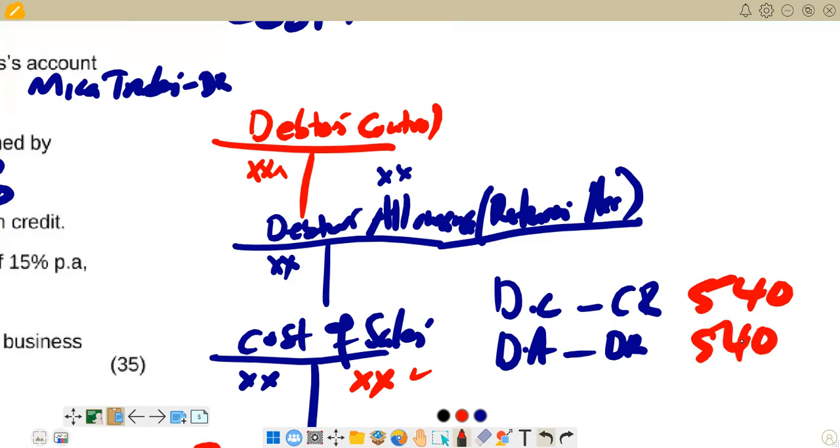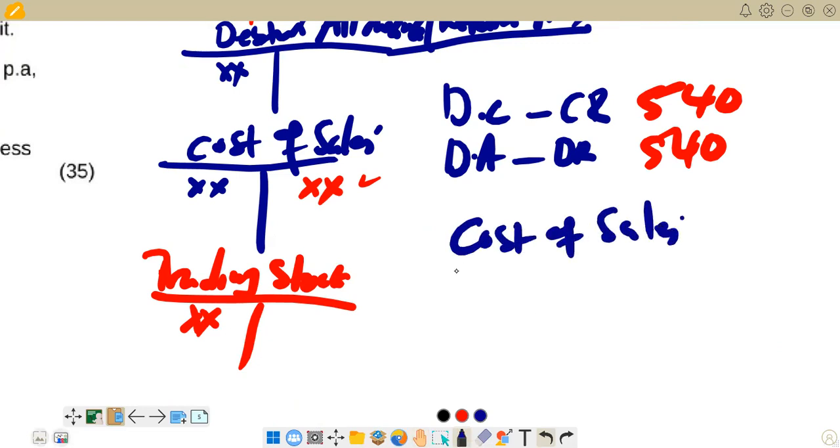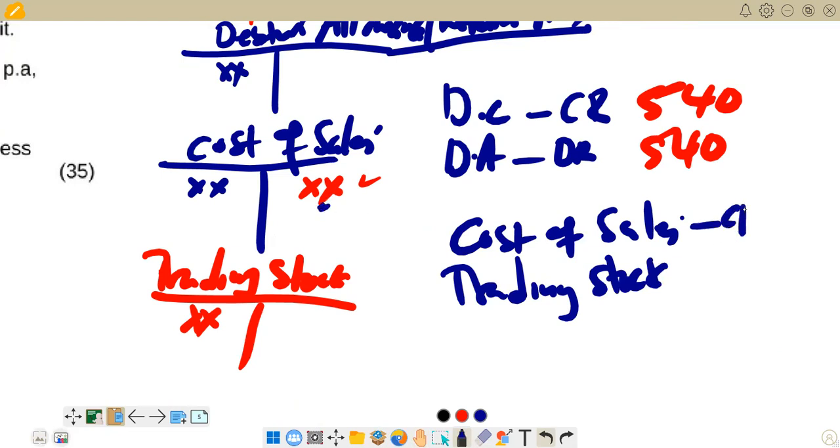Then the other double entry that we have there is for cost of sales and trading stock. Remember, for cost of sales, we are crediting, and for trading stock, we are debiting.